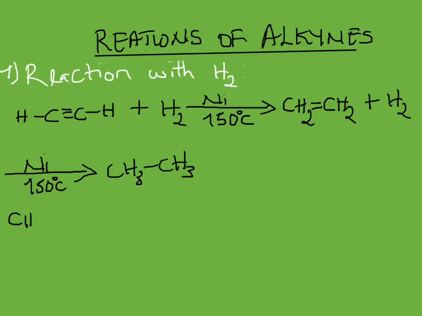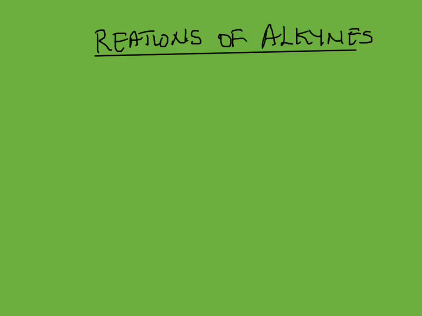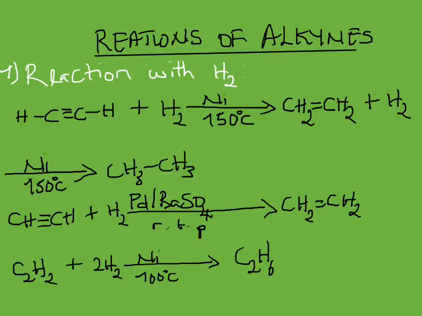But now we realize that even at that, if special conditions are applied, such as using palladium catalyst whose activity has been reduced by barium sulfate, like you can see from the second equation, ethyne reacting with hydrogen in the presence of palladium catalyst whose activity has been reduced by barium sulfate at room temperature is going to give us ethene.